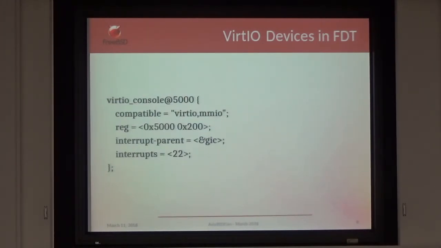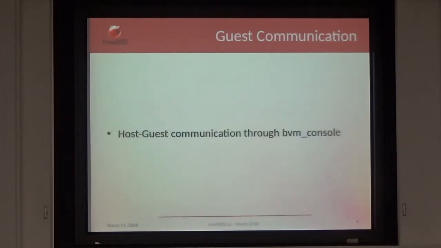I might remove this in the future, since later development proved that it might not be useful anymore. The interrupt parent is the generic interrupt controller, and I have assigned it the 22nd interrupt. To communicate with the guest, as I've said, we are using the BVM console.